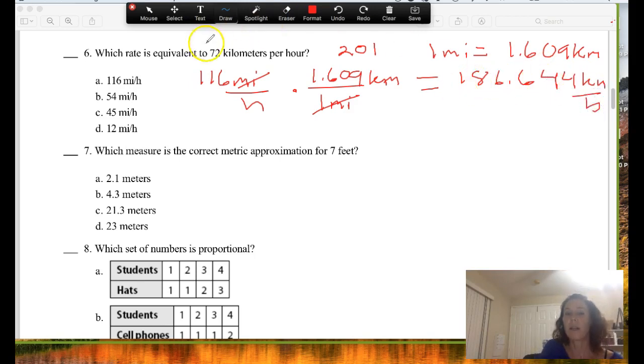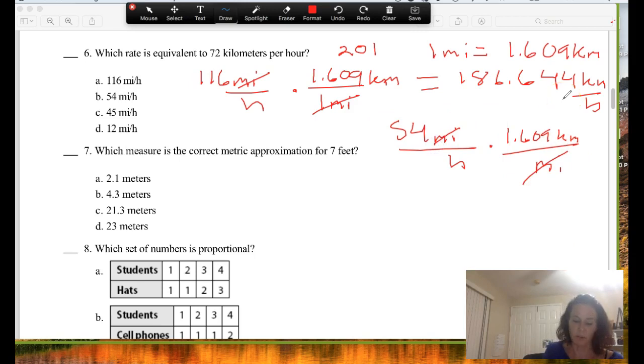Well, this is not 72, so I know it's not this one. Check 54. Go 54 miles per hour times that by 1.609 kilometers per mile. Okay, these fall out, so I'm just going to go 54 times 1.609. That gives me 86.6 kilometers per hour, so I know it's not this.